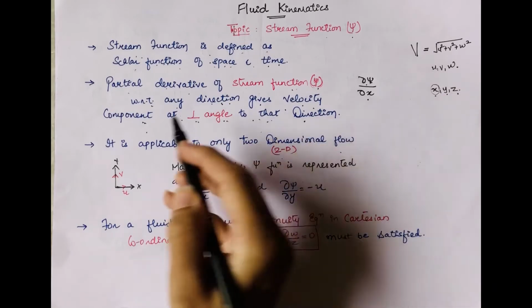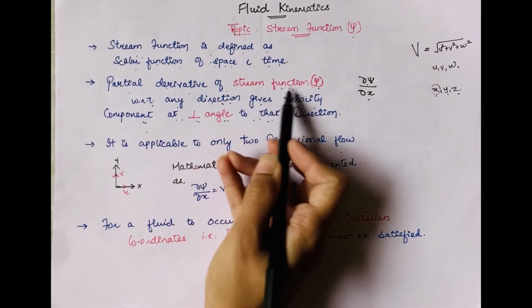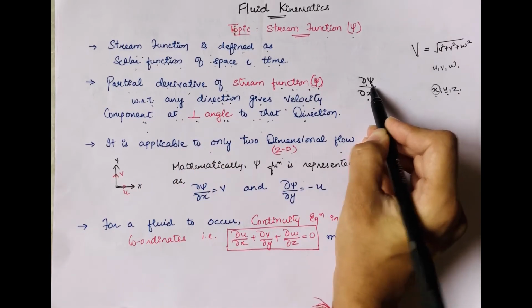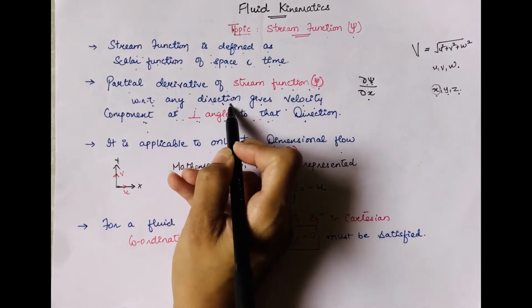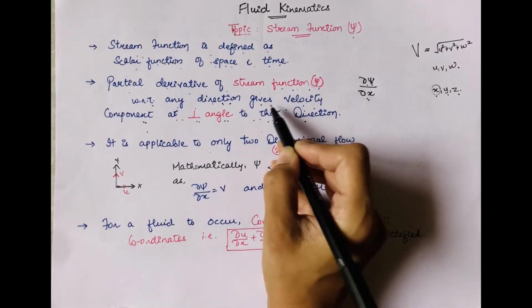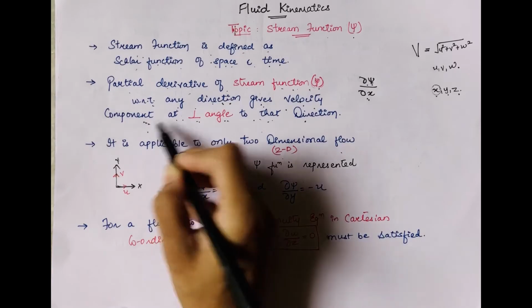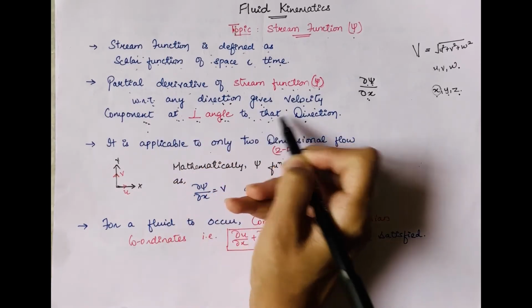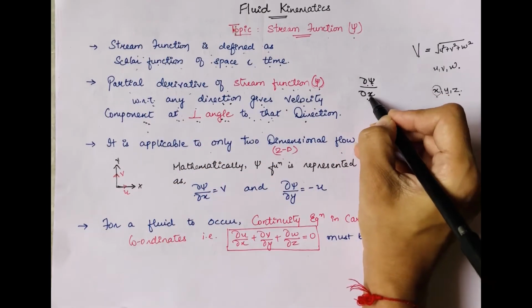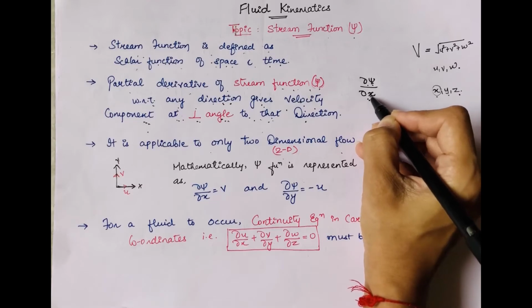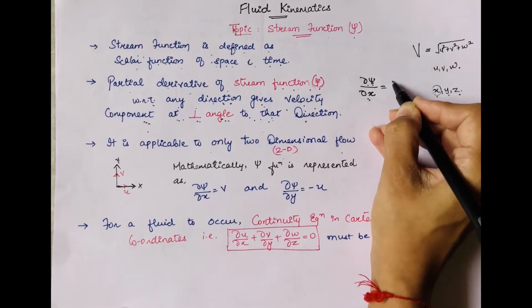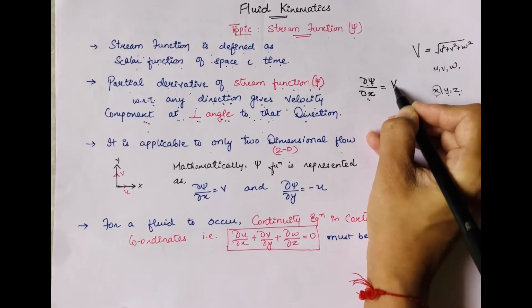So here it is saying that partial derivative of stream function, that is delta psi, with respect to any direction, suppose delta x, gives velocity component at perpendicular angle to that direction. The velocity component in the perpendicular direction of x is v. So it will give us the value of v.